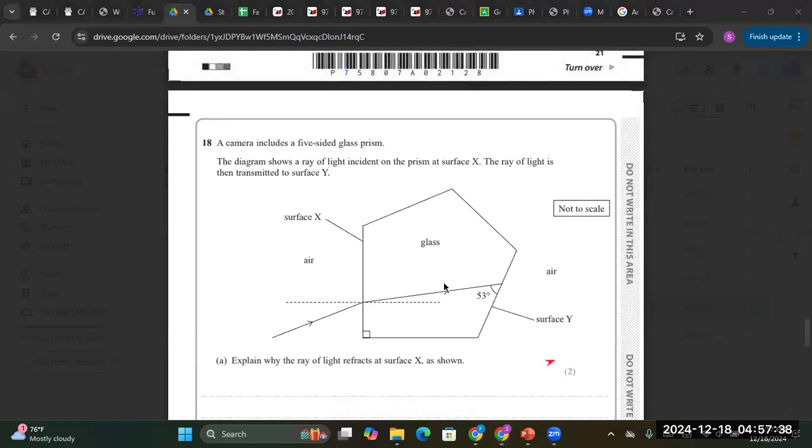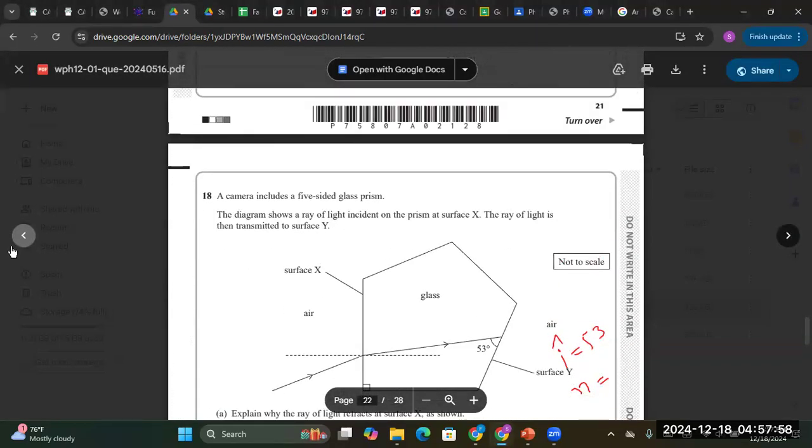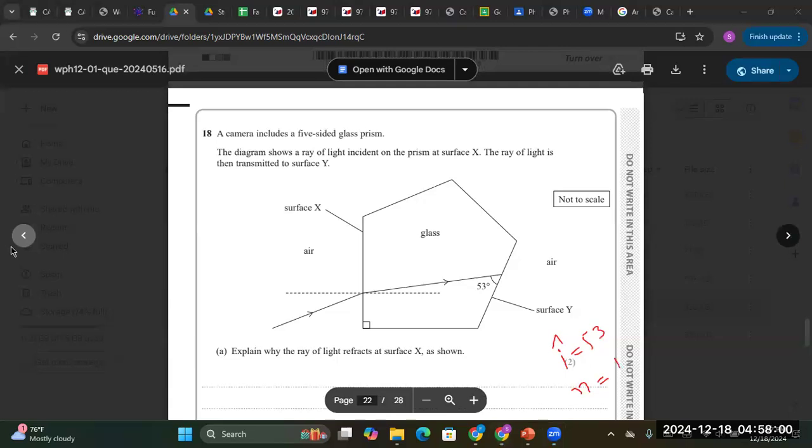You have the angle of incidence, which is 53, and you have the refractive index, which is 1.52.